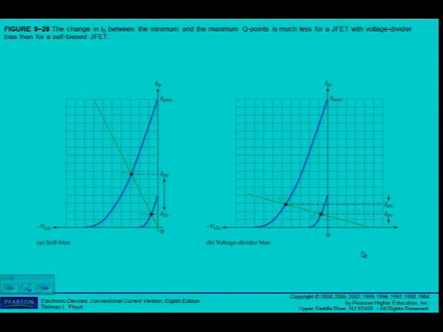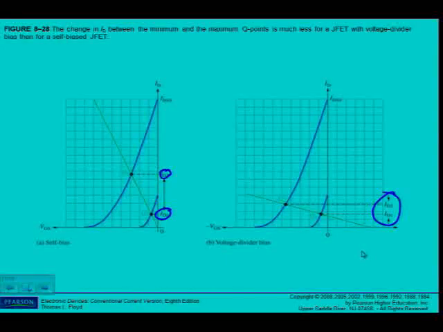Although VGS varies quite a bit for both self-bias and voltage divider bias, ID is much more stable with a voltage divider bias, and we can see it here in this figure. You can see this range here on the self-bias is much larger than it is here for the voltage divider bias. So again, the voltage divider bias is more stable than the self-biased JFET.